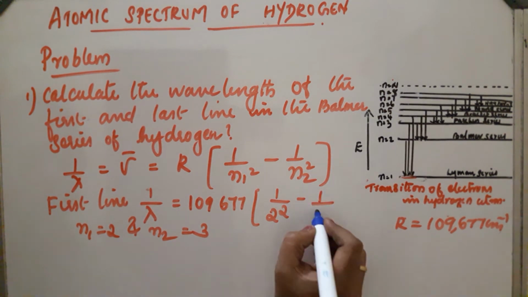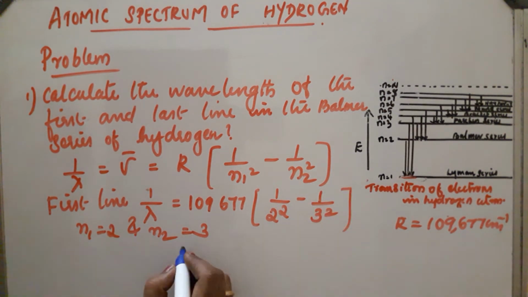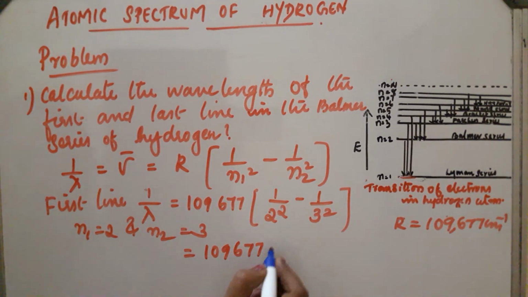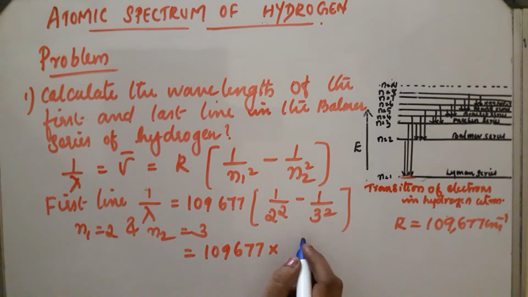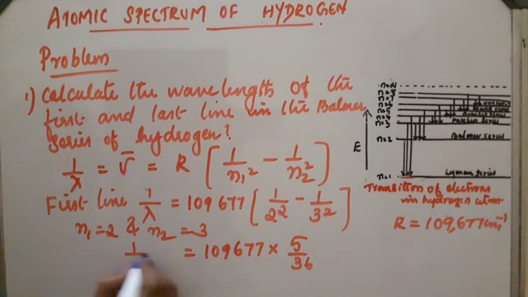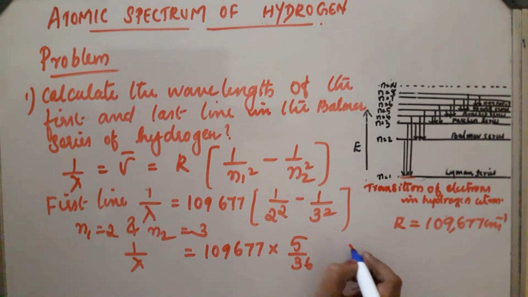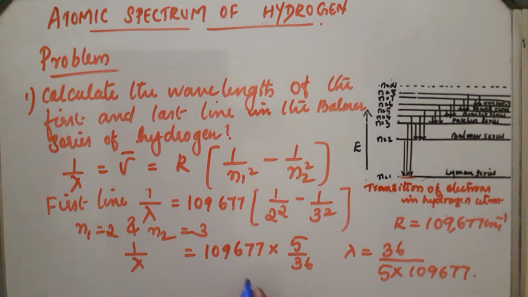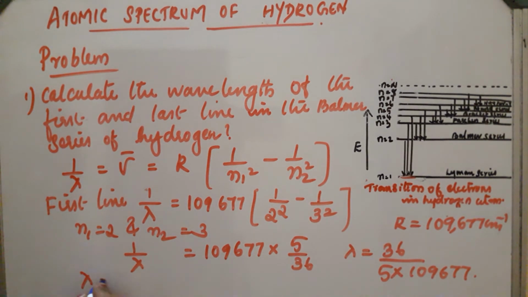So 109677 into 1 by 2 square minus 1 by 3 square, whose value is 5 by 36. This is 1 by lambda. So lambda will be equal to 36 by 5 into 109677.